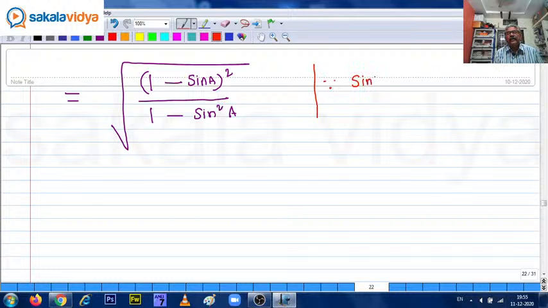Sin square A plus cos square A equals 1. Take sin square A this side.